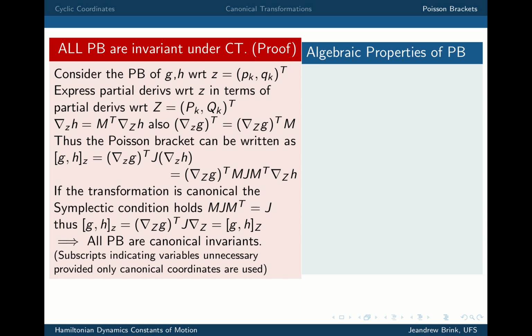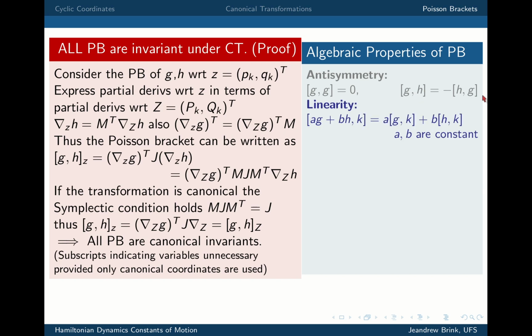So many of these you've actually seen in the proofs. The first one is antisymmetry, basically meaning that the Poisson bracket of a function with itself is 0, which you saw. But also this other one that you already saw when I looked at the fundamental Poisson brackets, namely that the Poisson bracket of G and H is equal to minus the Poisson bracket of H and G. Linearity, so it feels like I'm giving an algebra course.